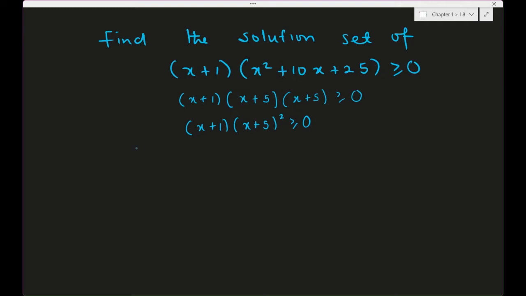So now we find the critical values. What are the critical values? This is a nonlinear inequality, so the critical values are just the zeros, which are minus 1, and x is what? Minus 5. So we go to the table and find our test values.